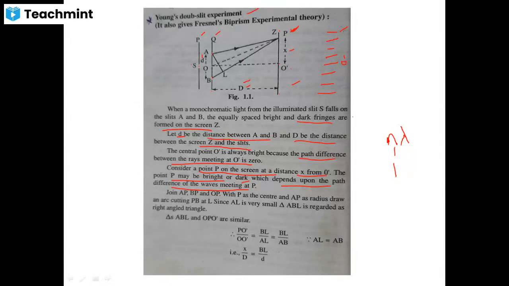So in general, if the path difference is n lambda, this is going to be a bright band. Or if it is (2n plus 1) lambda by 2, then this P is going to be a dark band.